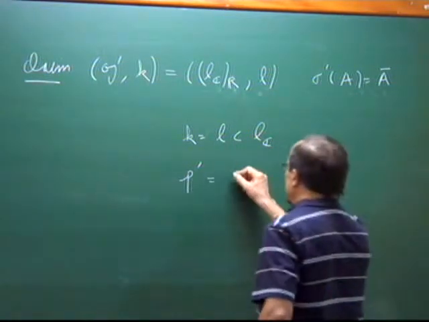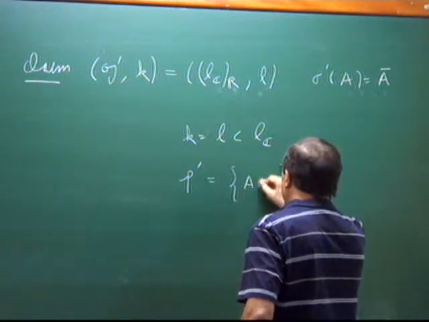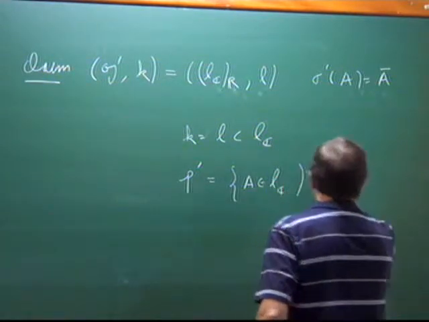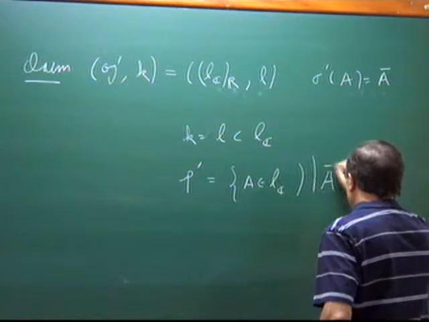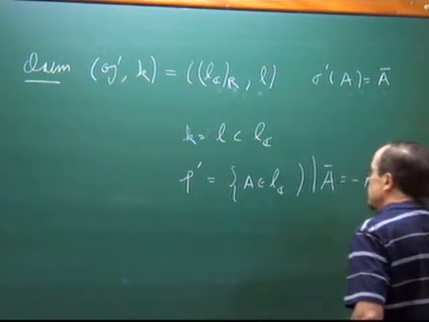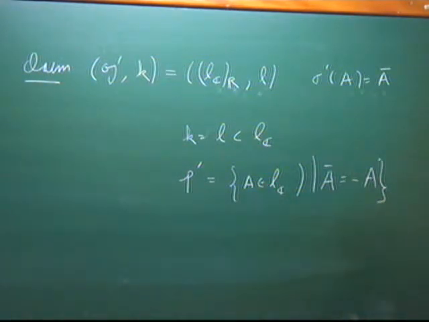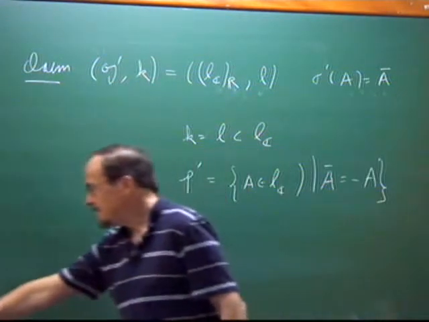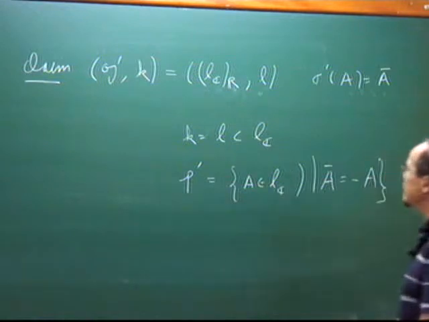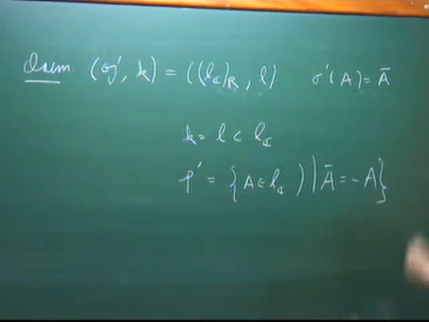So instead of all A in LC where A bar is minus A, this would be P prime. That doesn't look like I times P yet. So I have to define an isomorphism that takes one pair to the other pair.